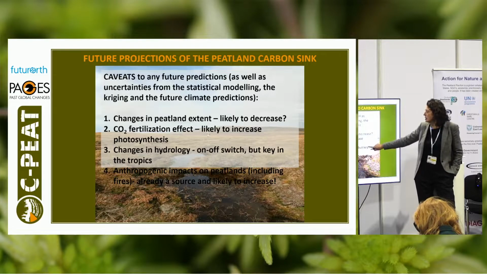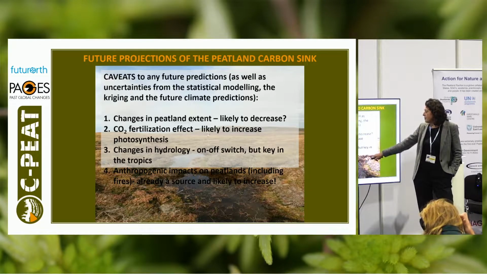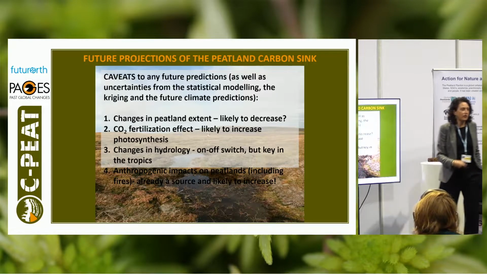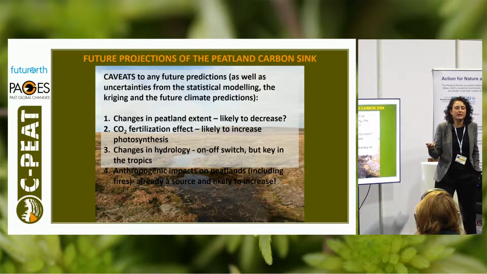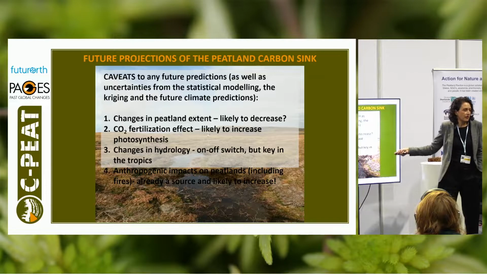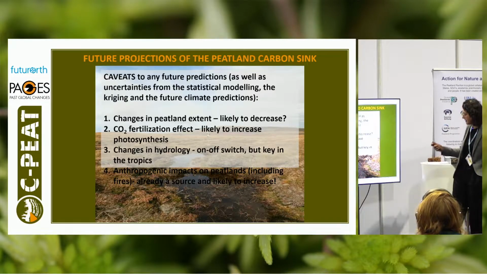That is likely to change peatland extent, because if you don't have the right hydrology, you will not have a peatland there. And then we are not taking into account anthropogenic impacts. We are saying peatlands will continue to be a sink, but actually we know already that anthropogenic impacts have tipped them over and they're a source already. So all of these things are the caveats of this back of the envelope calculation.